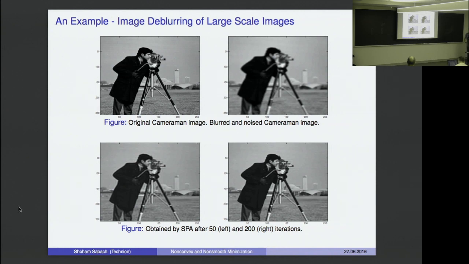Actually, we cannot compare our method here with the RSTLN, first of all because the model does not fit their model, because we have a different norm for the data fidelity, the 2 norm, and L1 for the regularizer. And on top of that, we tried much smaller problems. The RSTLN works quite slowly, so it would take much more time for these images.